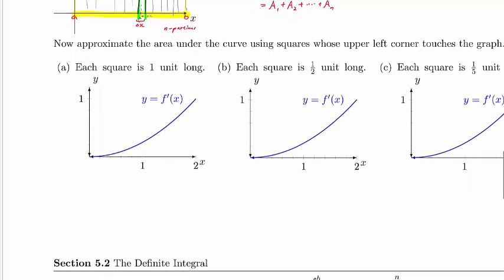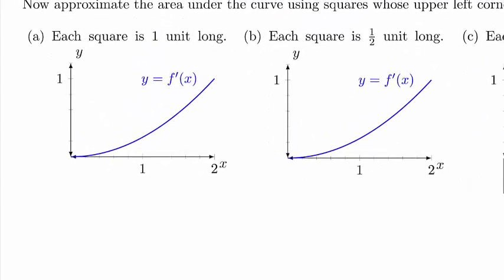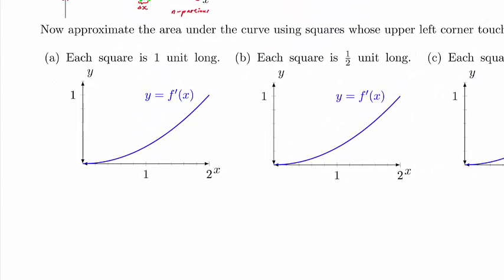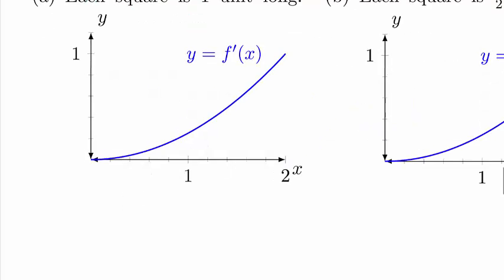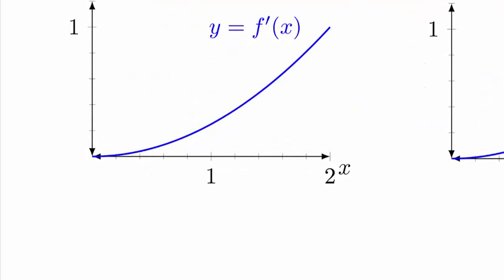Let's go ahead and do a couple of practice ones. We want to approximate the area under the curve where each square in part A is 1 unit long. Alright, so 1 unit, that's from here to here.